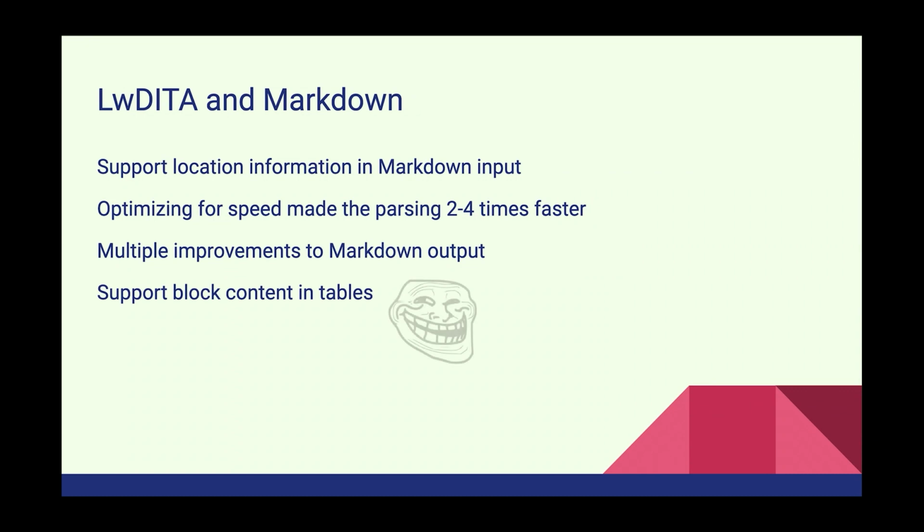And then there's the foot gun I gave everyone, because on and off, people have been asking, why can't I have block content in my tables or table cells? Well, the reason is Markdown's table syntax doesn't allow for block content, like multiple paragraphs in a table.